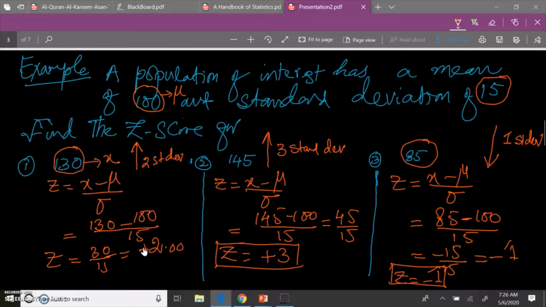The sign tells you if it's above or below. If it's positive, it means above. How many standard deviations? 2 standard deviations. Again, the z-score is positive, so the observation is above the mean. How many standard deviations? 3. And here the z-score is negative, so the observation is below the mean, by 1 standard deviation. I hope you understand that.